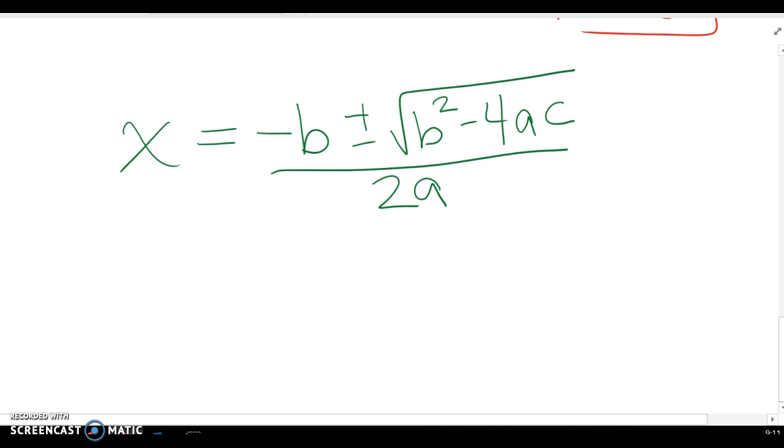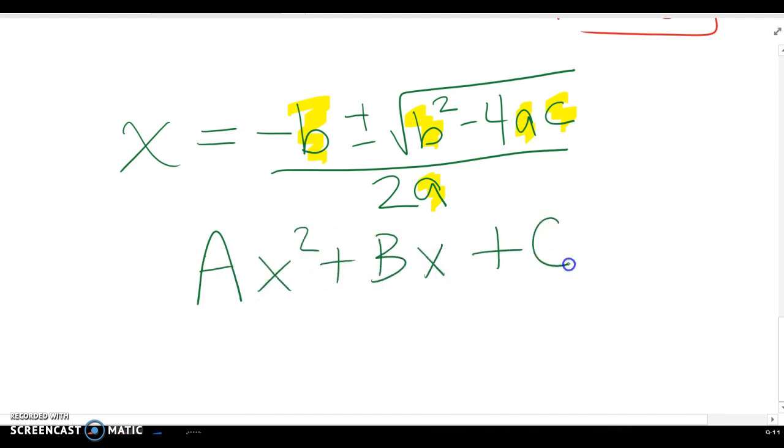In the quadratic formula, a, b, and c come from the equation ax squared plus bx plus c equals 0.